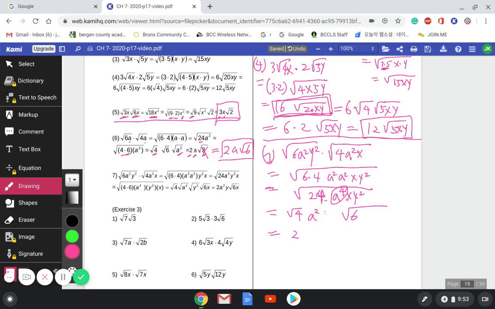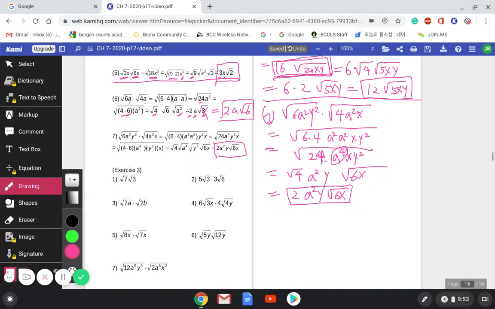And y squared also come out as a y. And whatever left inside, it was 6 and x. So you end up with a 2a squared y and square root of 6x. So that's your final answer.